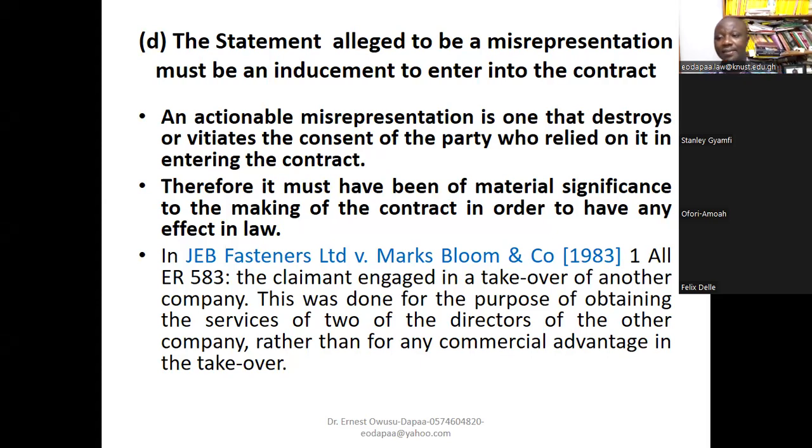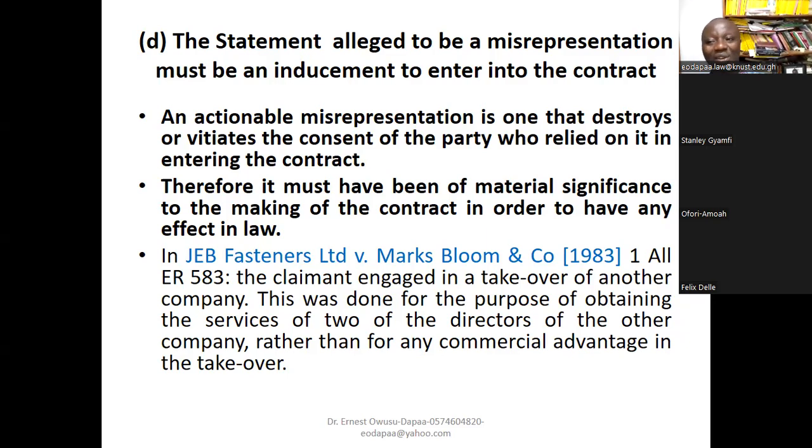That is to say that if it had not been for the impact or the influence of that statement, which has turned out to be false, you probably would not have entered into the contract. So you relied on it. So inducement actually comes to the fact that yes, they do rely on it.